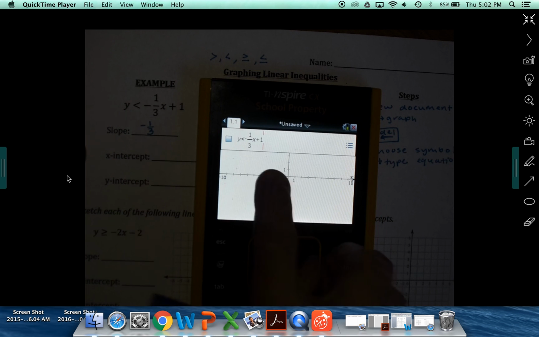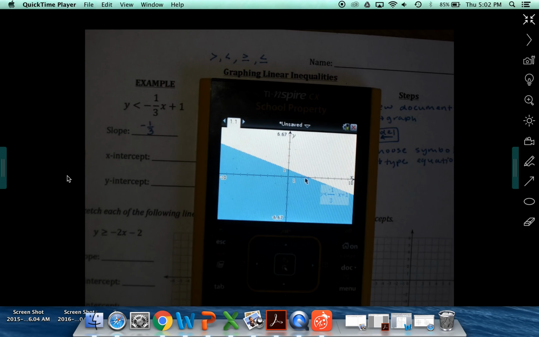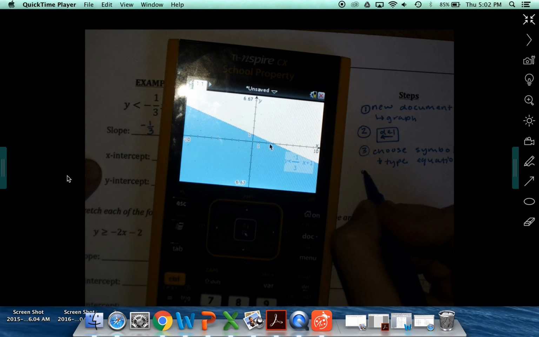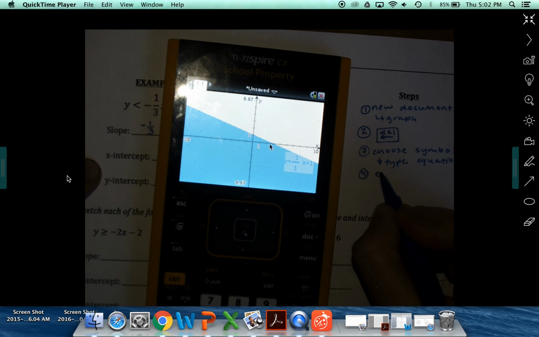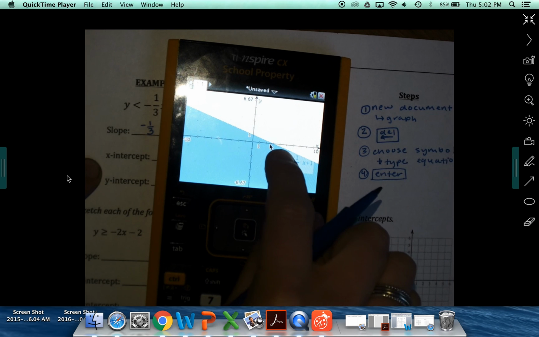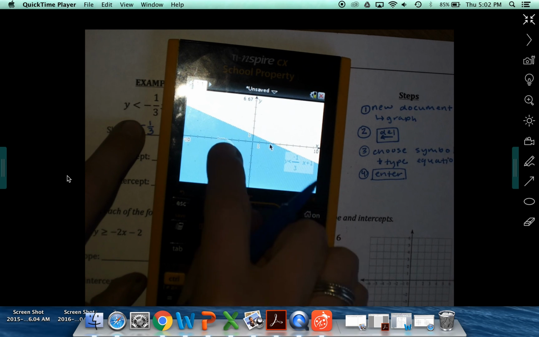I chose my symbol, I typed my equation, now I'll press enter, just like you would a regular graph. And you see I've got my line, and because I have an inequality, I have shading down here.